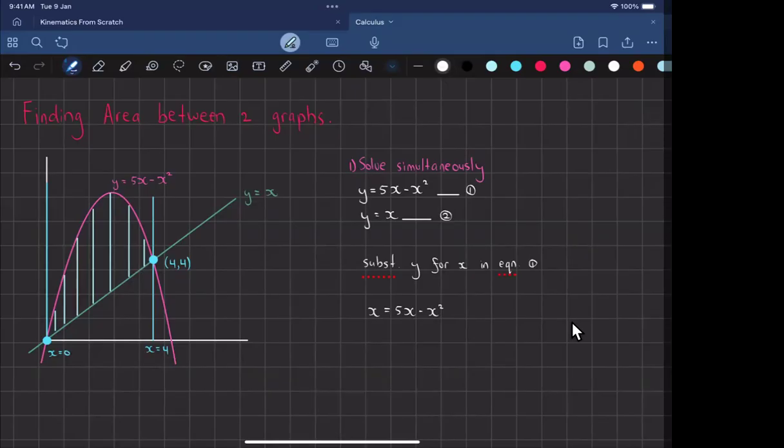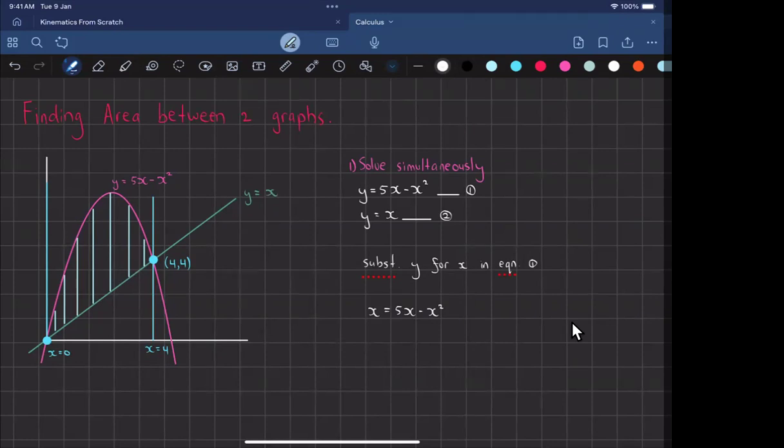Is that a quadratic? And how do you typically solve quadratics? You factorize. Yeah, we factorize them. You can carry across the x on the right hand side, or you could bring across everything on the left hand side. It's up to you.